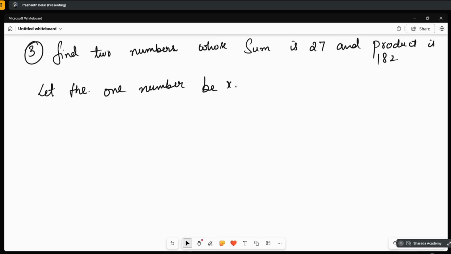See, read again. Okay, y only. What is y equal to? See, if one number I take x, other y, I will get x plus y is 27, so y is 27 minus x, not x minus 27. So the other number will be 27 minus x.